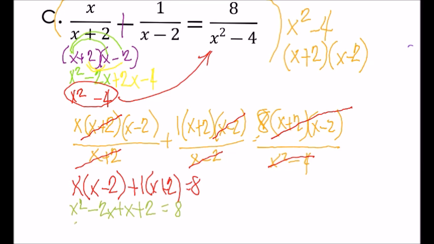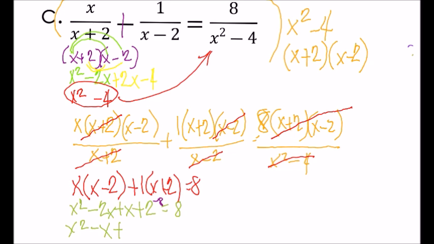Now we combine similar terms. We will have x squared, minus 2x plus x is negative x. They have different signs, so that means we subtract. Plus, if we transpose 8 to this side of our equation, it will become negative 8.